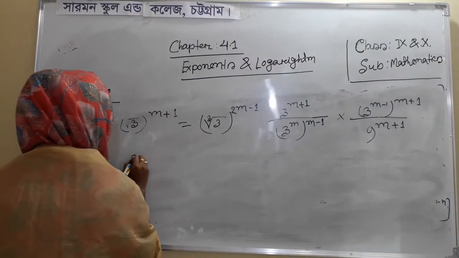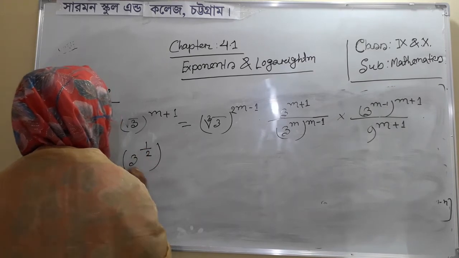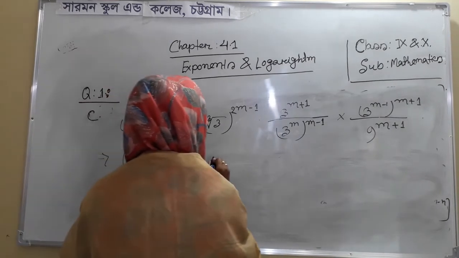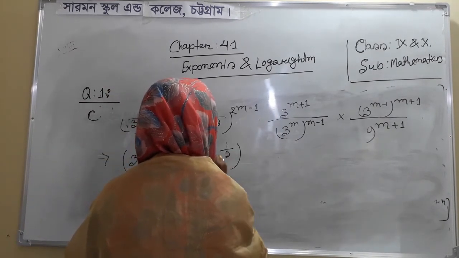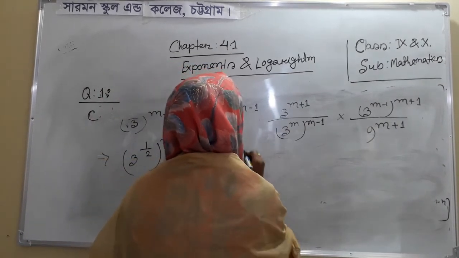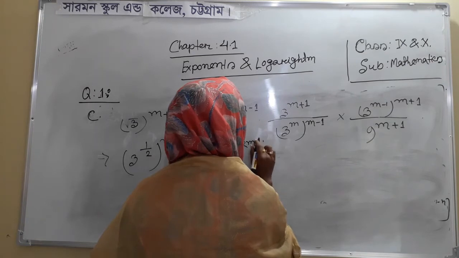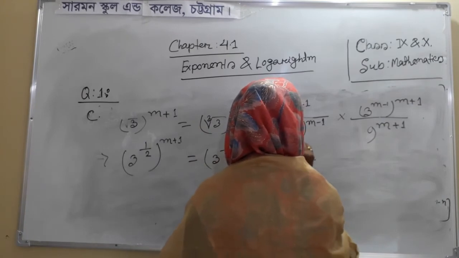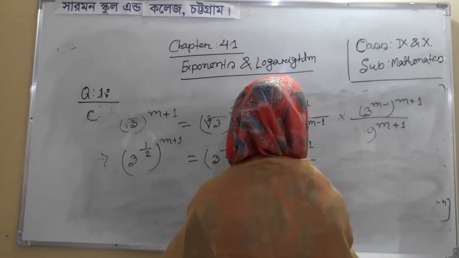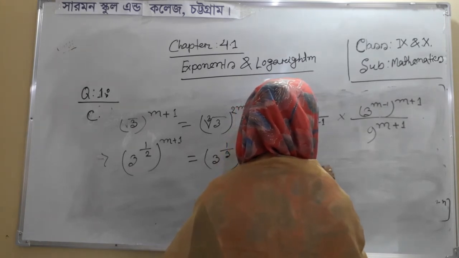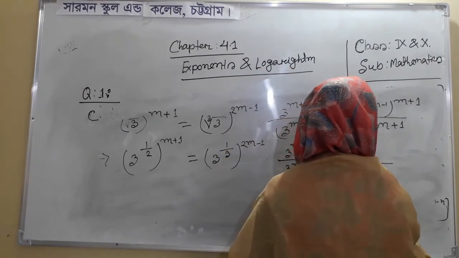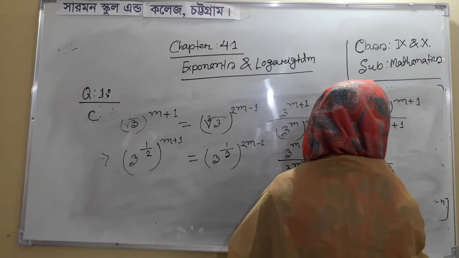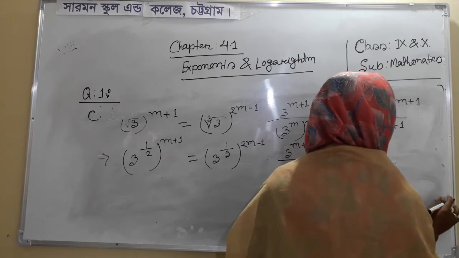So 3 to the power half whole to the power m plus 1 equals 3 to the power 1 by 3 minus 1 into 3 to the power m plus 1 divided by 3 to the power m square minus m into 3 to the power m square minus 1 divided by 3 square whole to the power m plus 1.